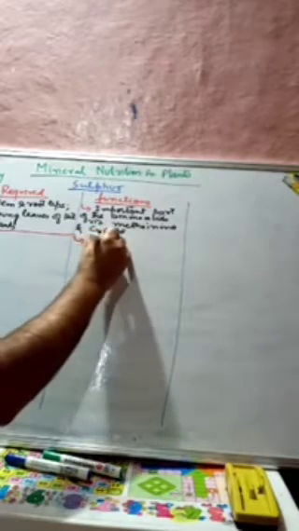So sulfur is an important part of two important amino acids, methionine and cysteine. Now we will write sulfur containing amino acids.